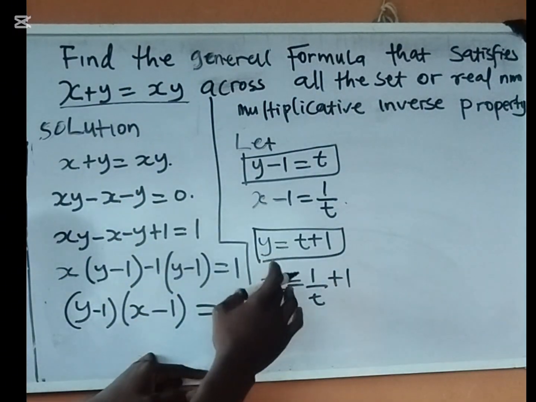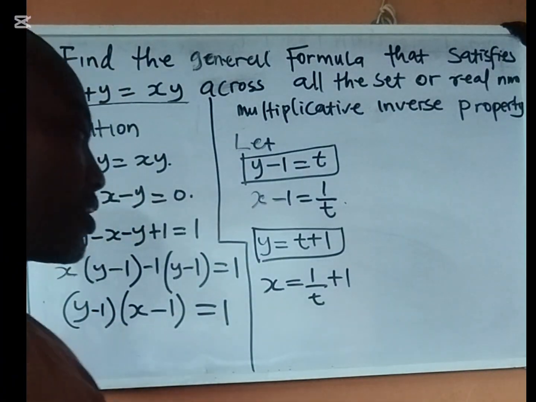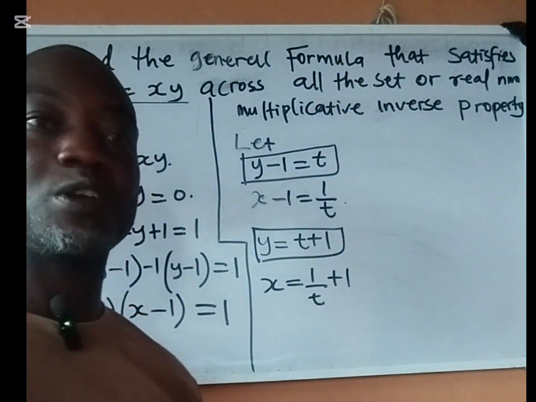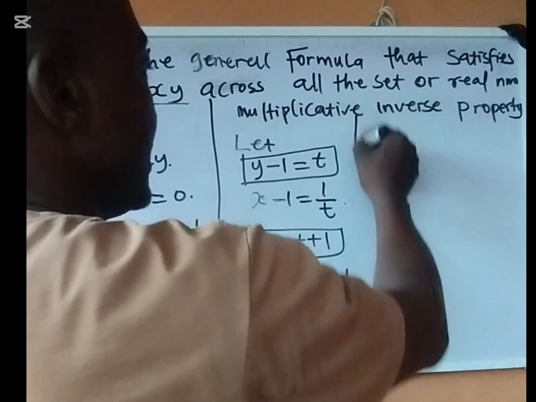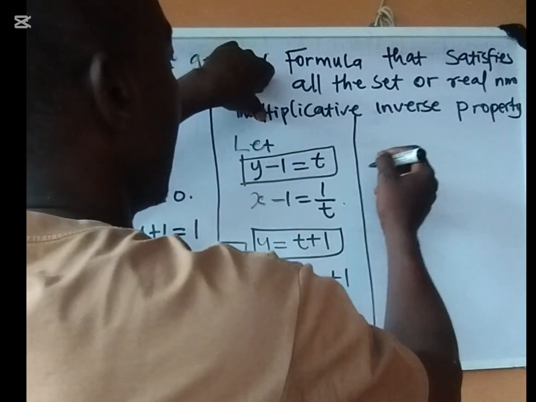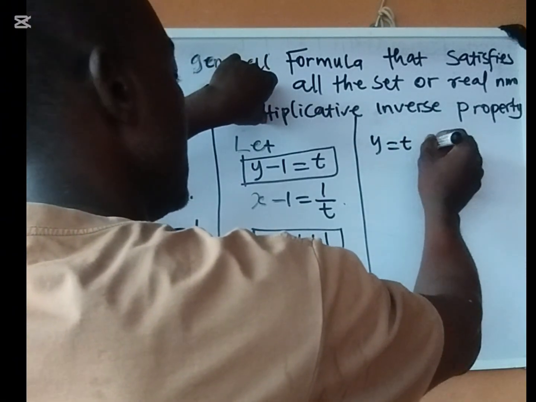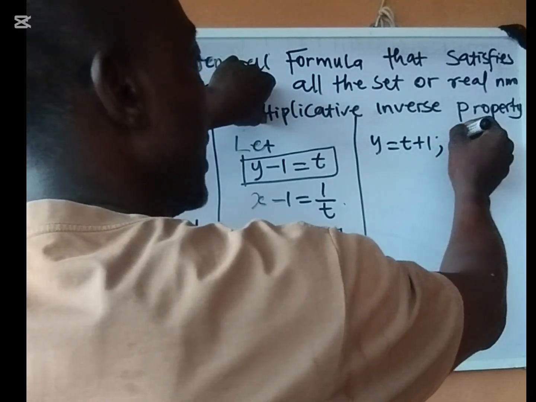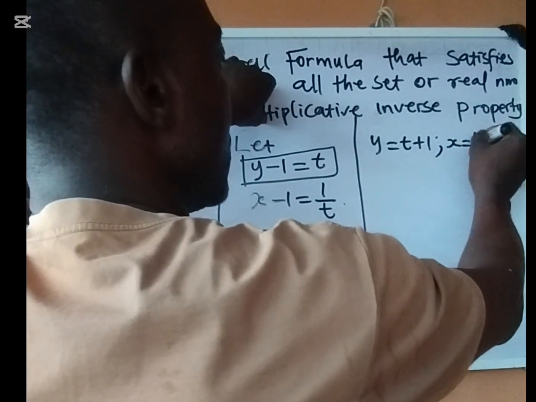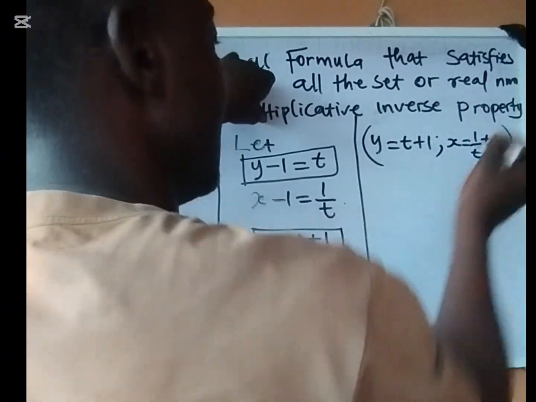So I have gotten a value for x and y in terms of the parameter that I introduced, which is t. My final formula is y is equal to t plus 1 and x is equal to 1 over t plus 1.